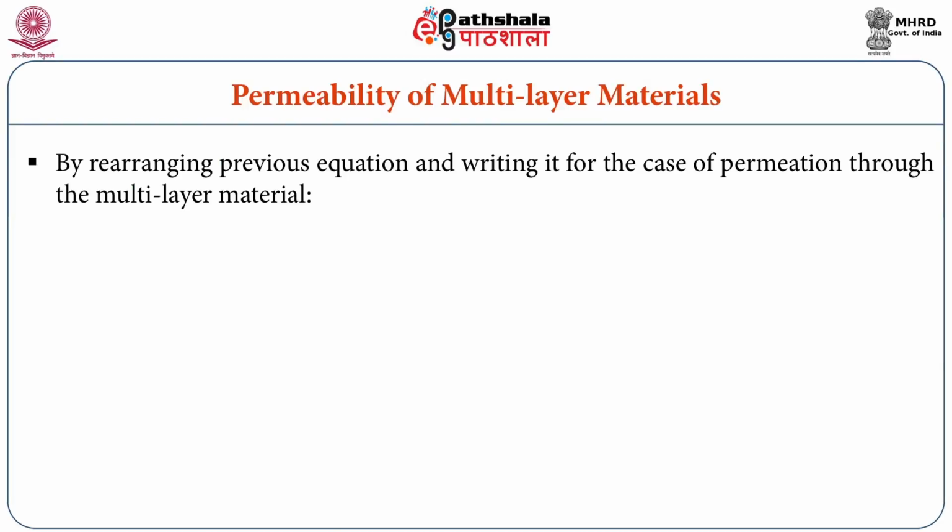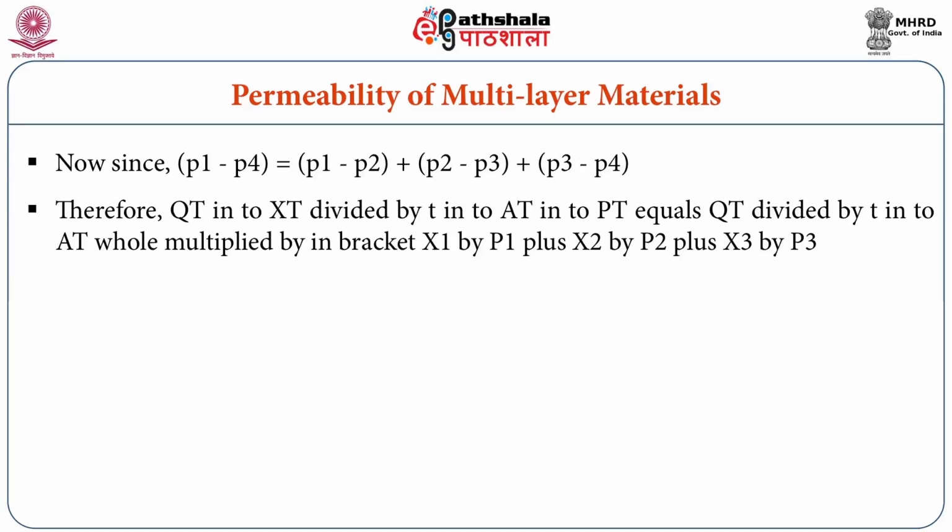By arranging the previous equation and writing it for the case of permeation through multi-layer material, Qt into Xt divided by T into At into Pt equals P1 minus P4, that is delta p.